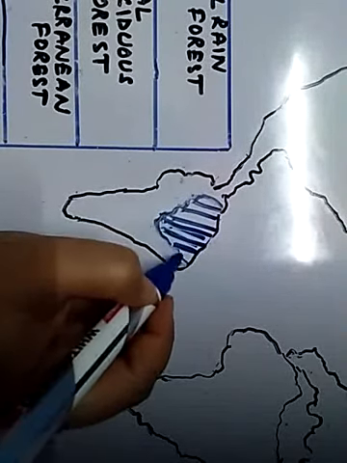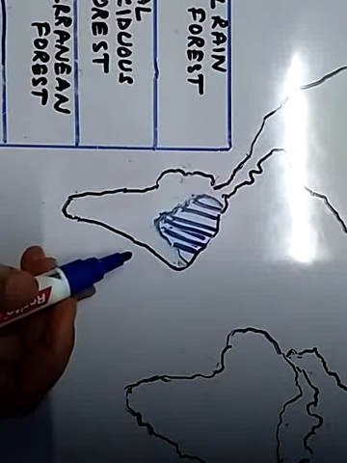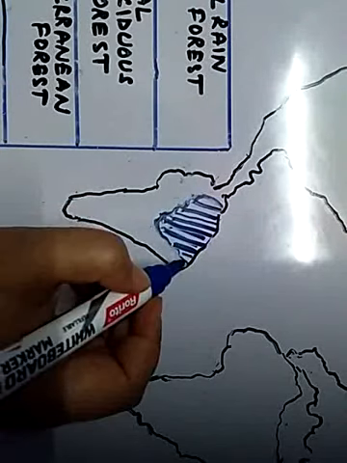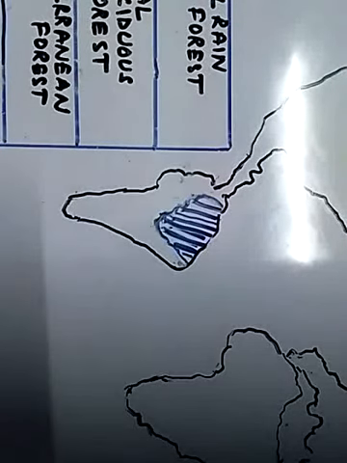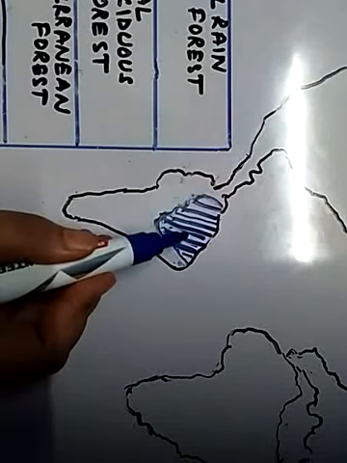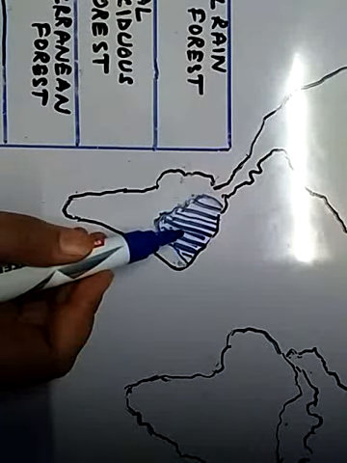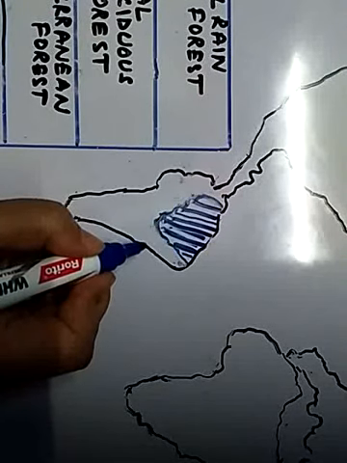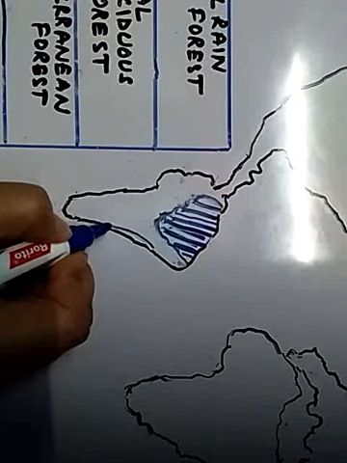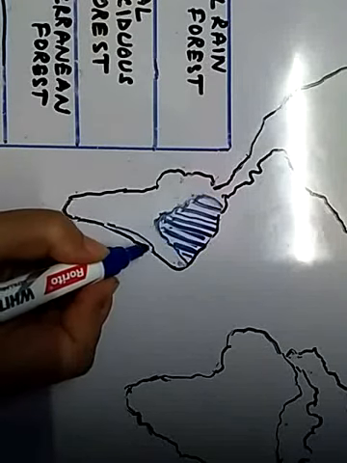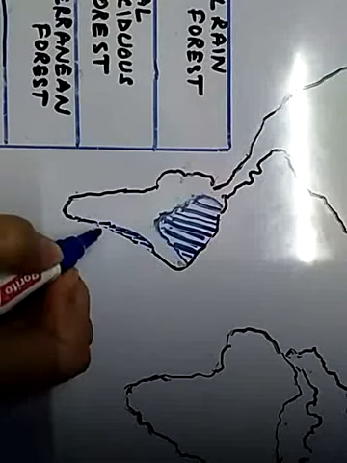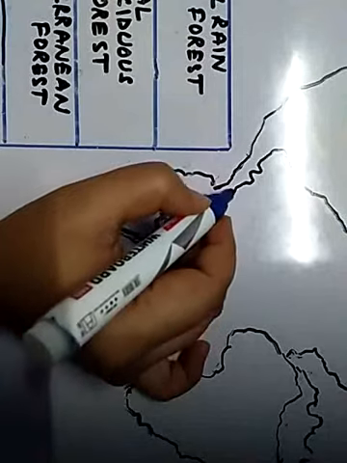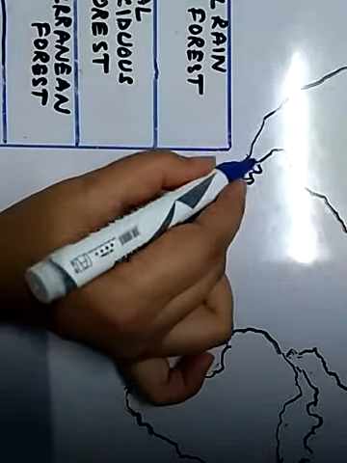So the evergreen forest or tropical rainforest are found in the equatorial region in South America, where the rainfall is above 200 centimeter. This type of forest is also found on the east coast of South America here, and these forests are also found here in Central America.